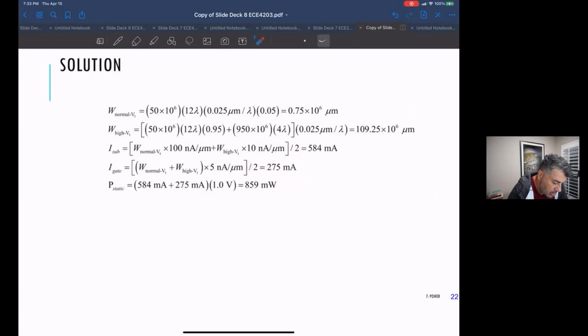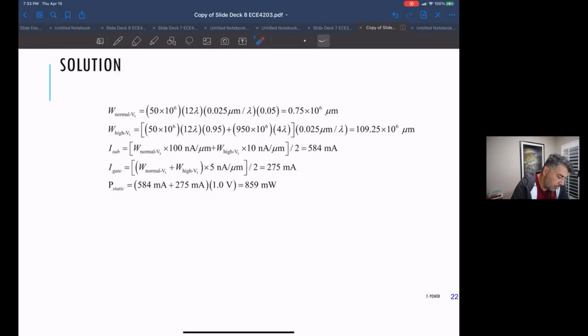Now, I forgot to mention this. You see this gets divided by 2, and actually this also gets divided by 2, because we're assuming for something like this that half the devices are on, half the devices have a logic 1 on them, and the other half have a logic low or a 0 on them.